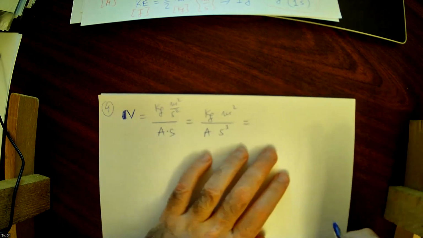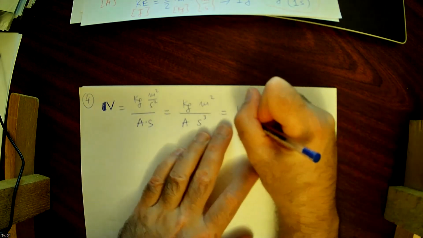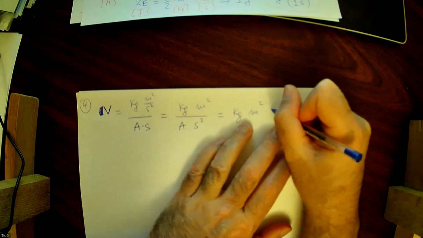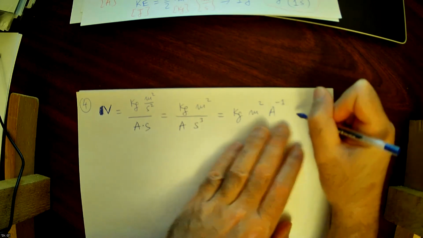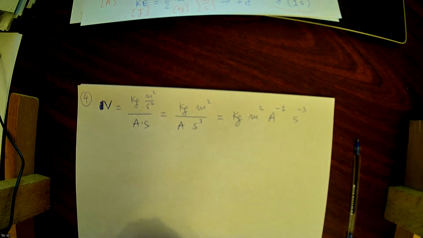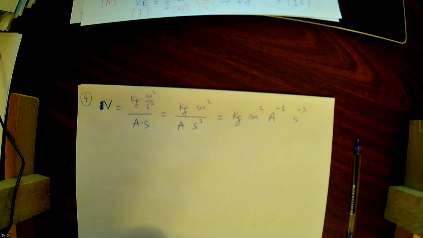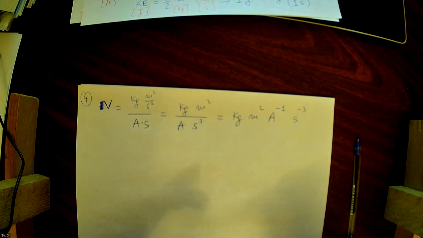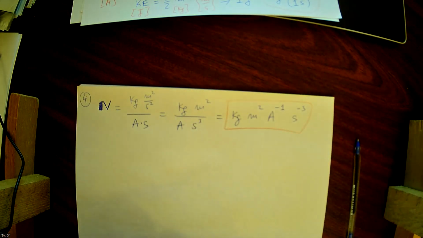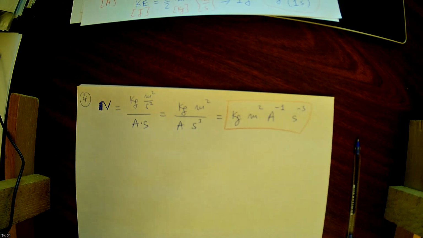Which in IB style is written kilogram meter to the second, amp to the negative first, second to the negative third. And this is the correct answer, for which you get another mark point.